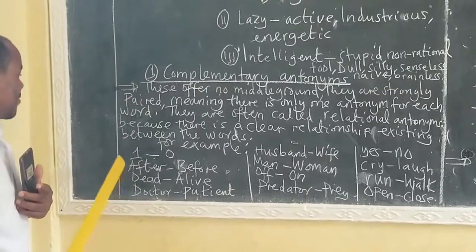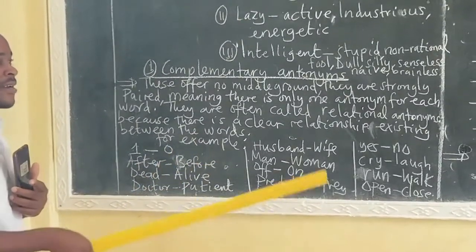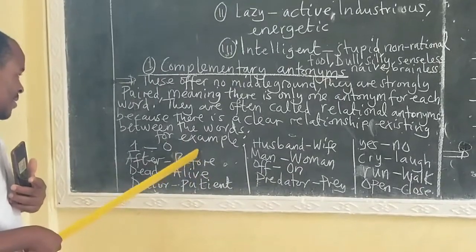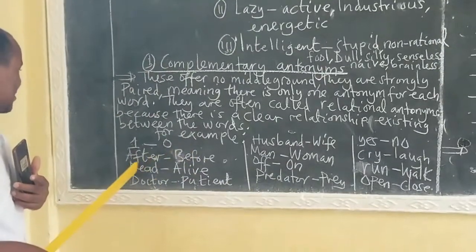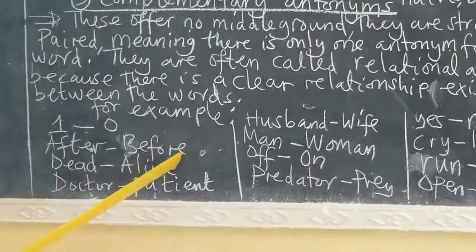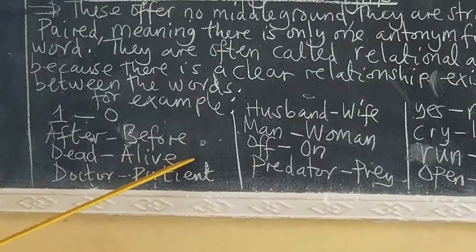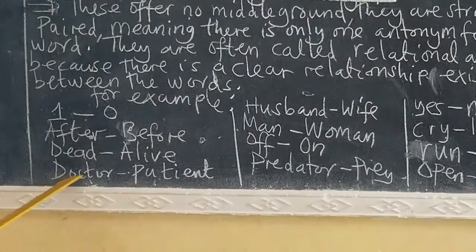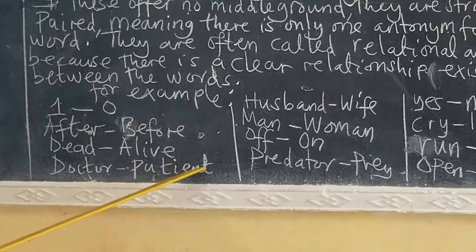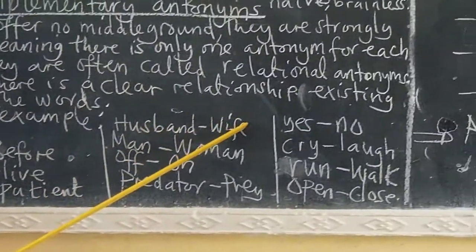We have the word after. The opposite is before. So we don't have another additional antonym for this word. So it is direct. We have the word dead, and the opposite is alive. You see that we have only one antonym here. We have a doctor, and the opposite is patient. We have husband, the opposite is wife.